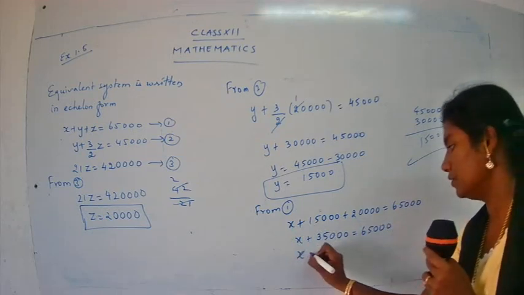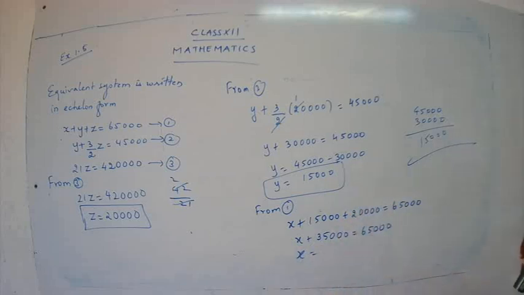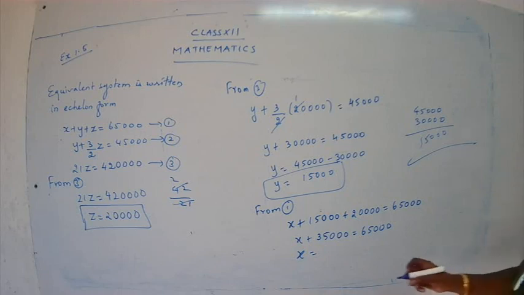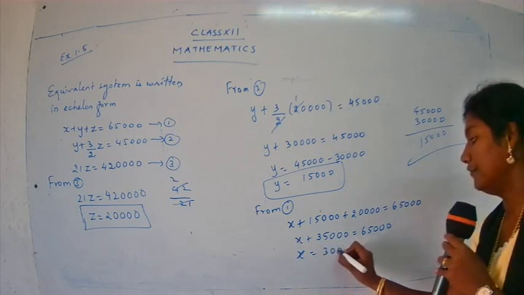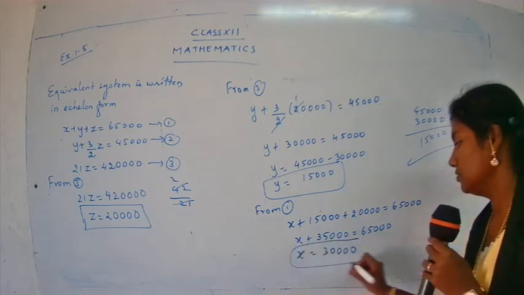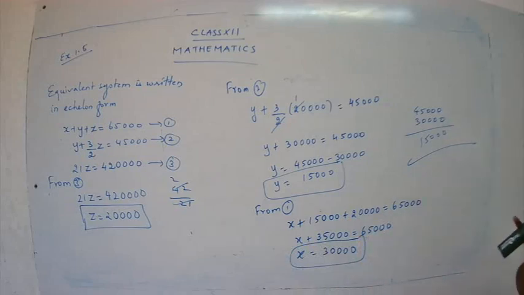So x is equal to 65,000 minus 35,000. 65 minus 35 is 30,000. You get the value for x as 30,000. So we have got the value for x, y, and also z.